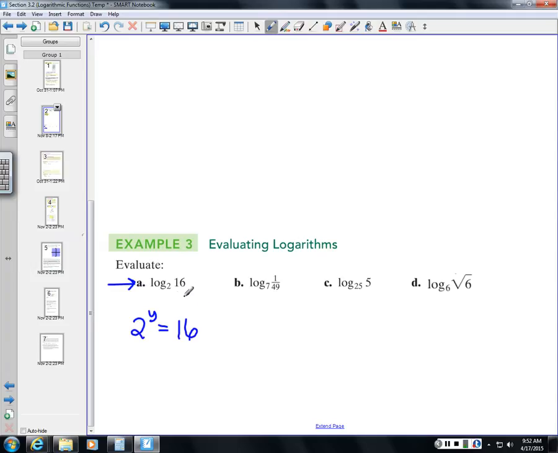We can't solve it as it is, but if we put it into exponential form, we can now see that, well, that's actually equal to 4. So that's what log base 2 of 16 is actually equal to. But we can't do that in a calculator, so we have to get it from log form to exponential form. So before we were saying these were exactly equal. We converted out of log form and put it into its equivalent, or the same thing, in exponential form.